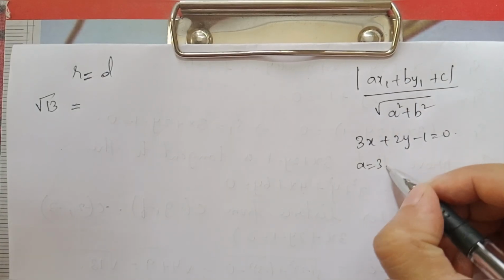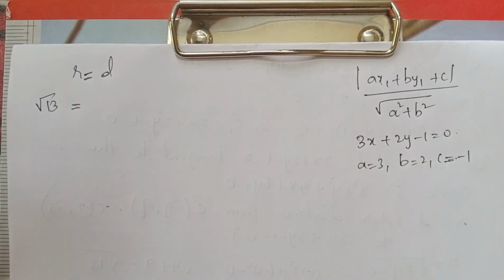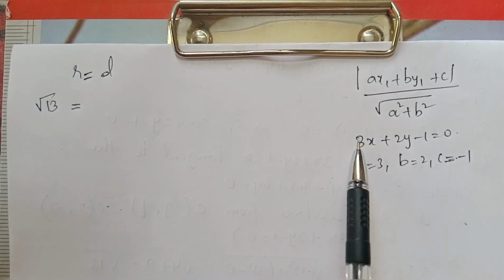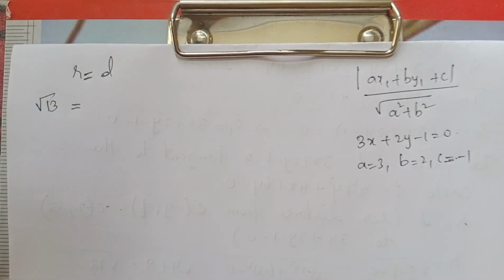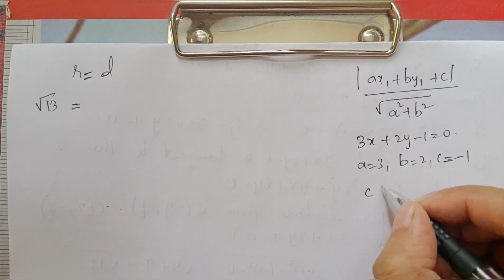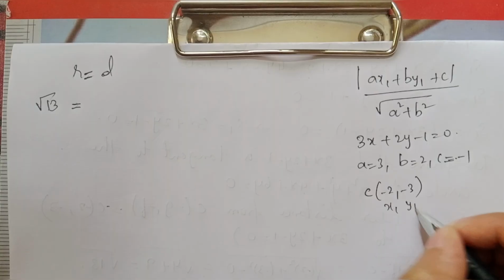The value of a is 3, b is 2 and c is -1. We know that d is the perpendicular distance from the center to the tangent. The center is (-2, -3), and this will be our x1 and y1.